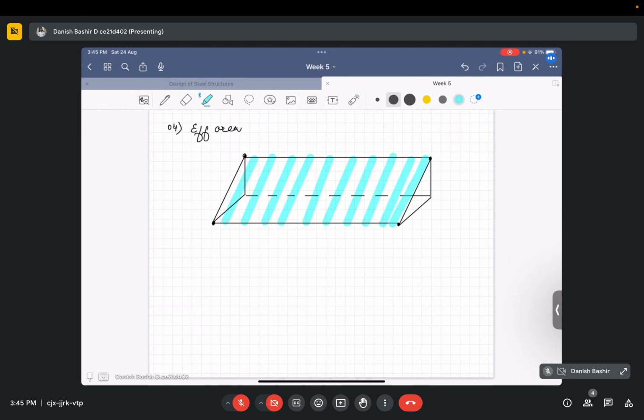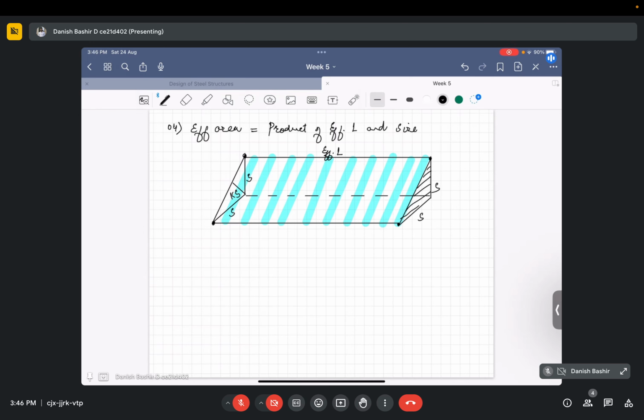This is the size of the weld, S, and this is the length of the weld, and this is the throat thickness, which you already know is K times S. So we take the effective area as the product of effective length and size of weld.